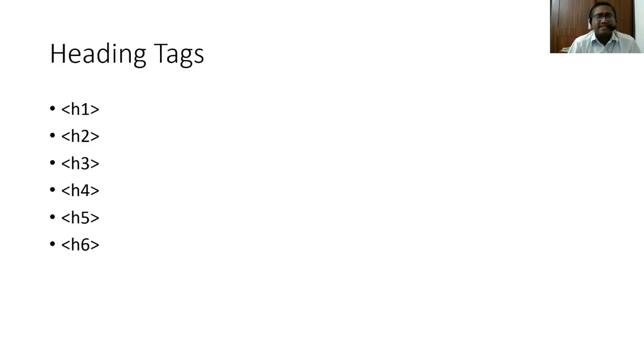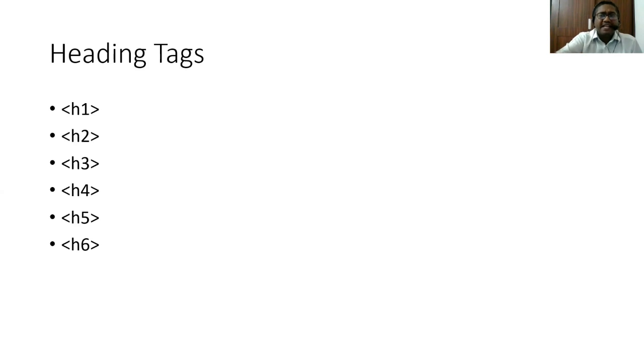First one, heading tags. There are 6 heading tags in HTML, starting with H1 and ending with H6. The significance of H1 is that the font is very big and bold. H2 is somewhat smaller than H1.